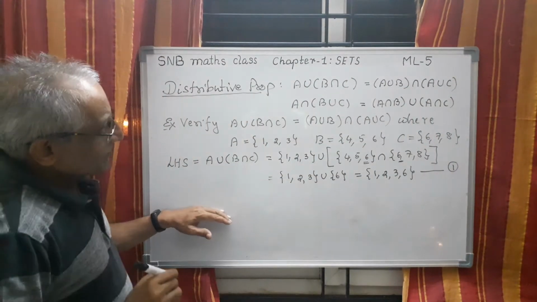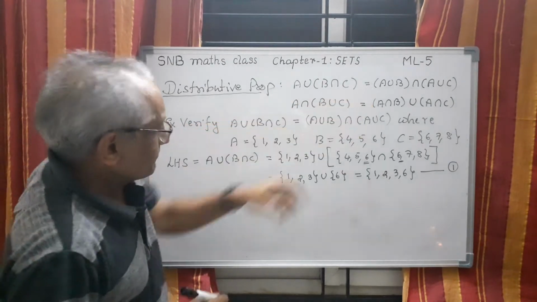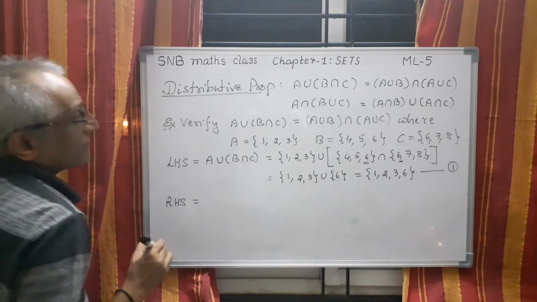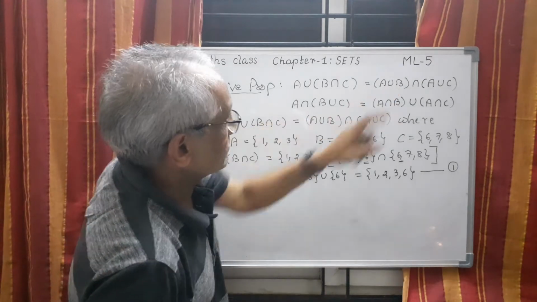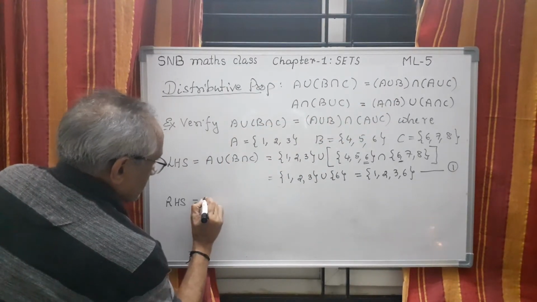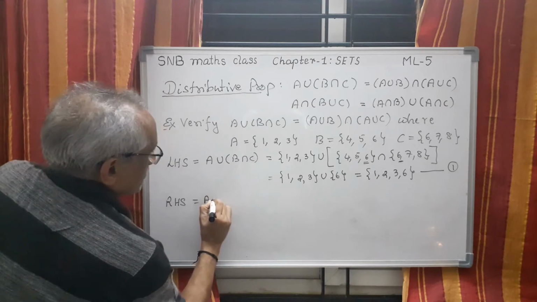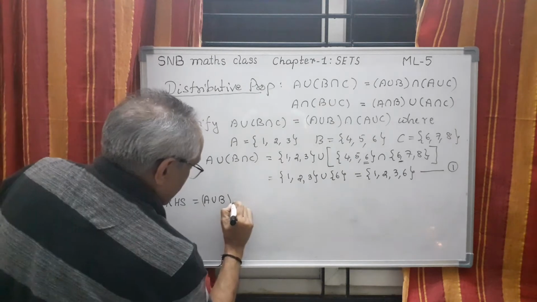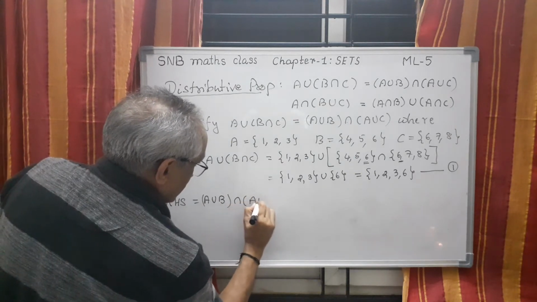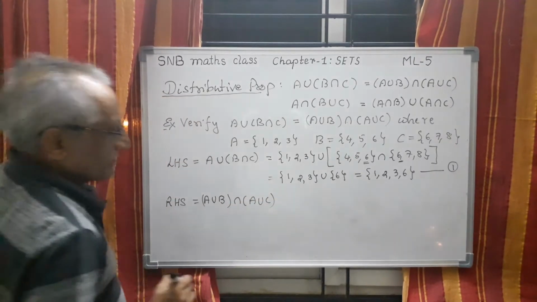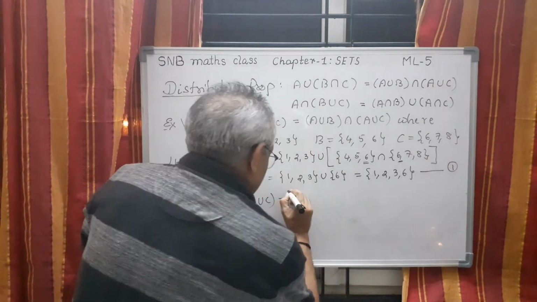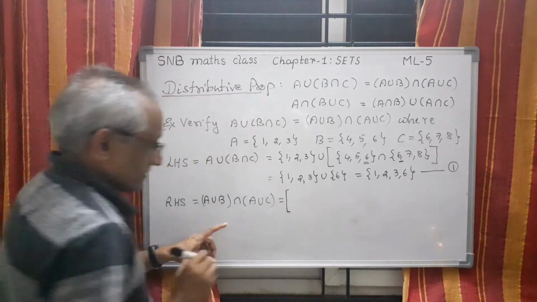Now in the same way take the right hand side, RHS. The first one is A union B, then intersection A union C. As before, let us use brackets, a square bracket.